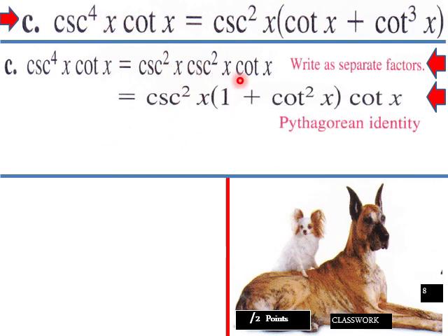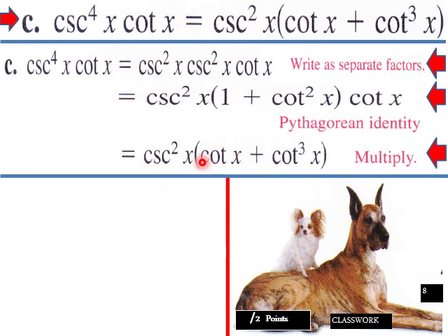And then when we break this down further, cosecant squared x, 1 plus cotangent squared x, cotangent x. So cosecant squared x becomes 1 plus cotangent squared x. And then when we multiply this out, we have cosecant squared x, and then cotangent x plus cotangent cubed x. So that would become this over here.